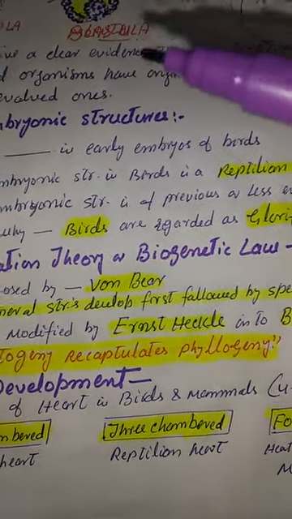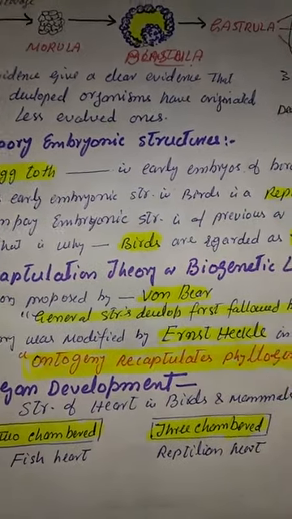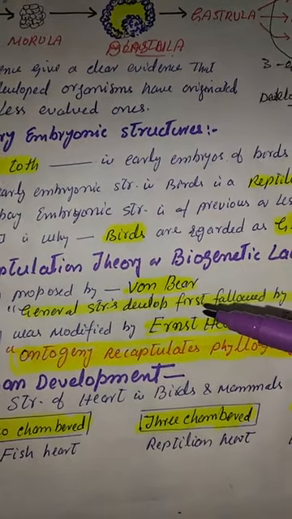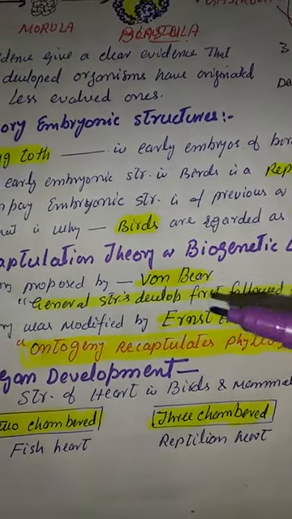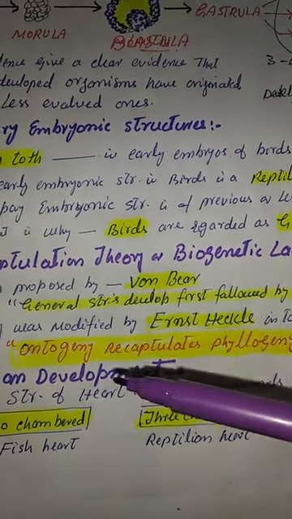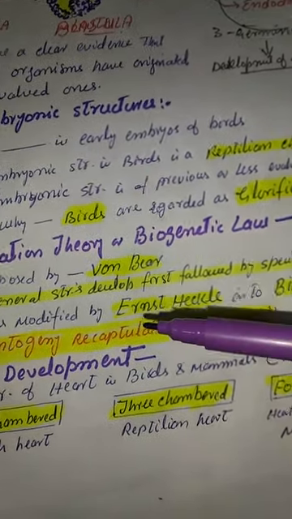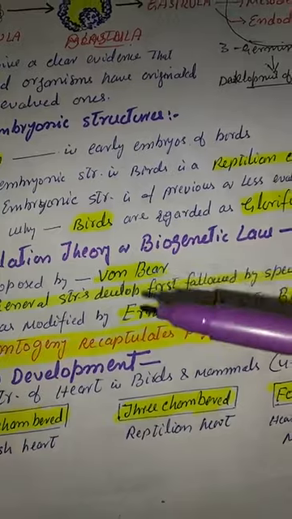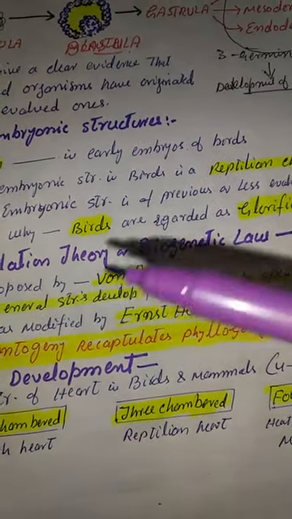Now, recapitulation theory was modified in the line of evolution by Ernst Haeckel as biogenetic law, which states that ontogeny recapitulates phylogeny. For example, an organism during its own development passes through ancestral development.